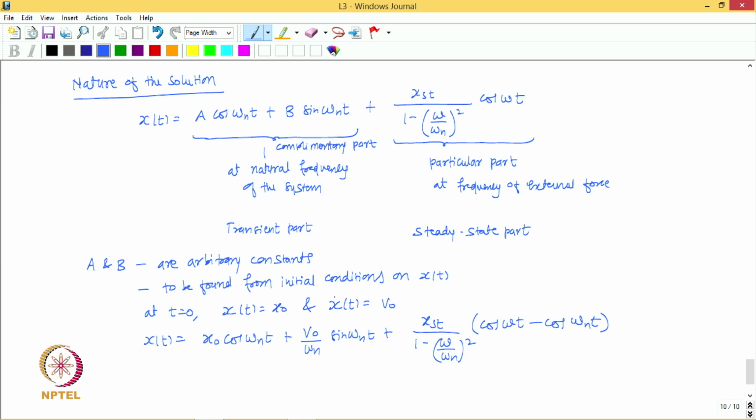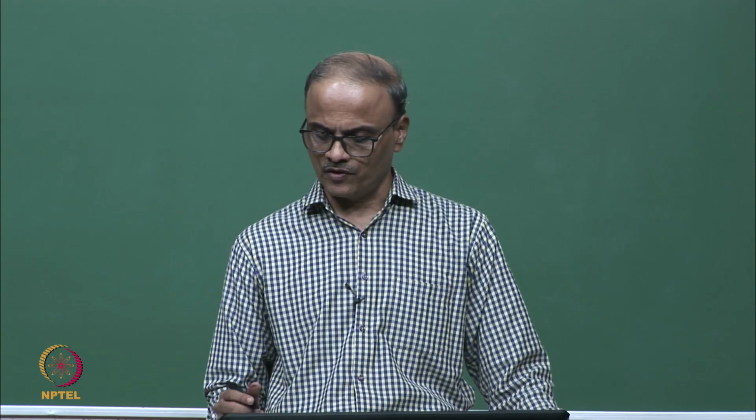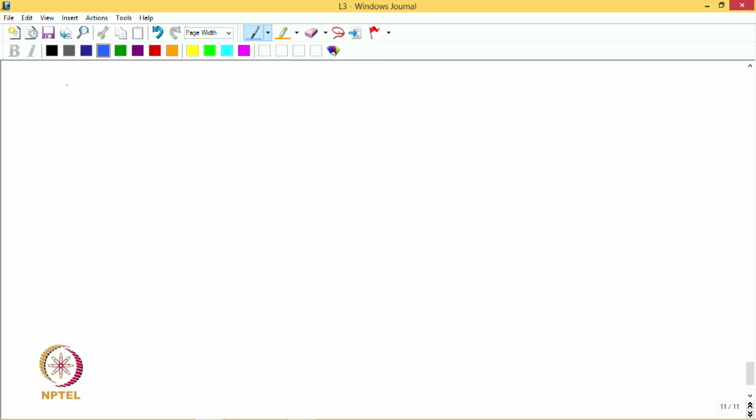Because the transient part, the complementary part, is anyway going to die out because of the damping, it is only the steady state part due to the external force that is going to be left. So, let us study the particular part or steady state part of the response.